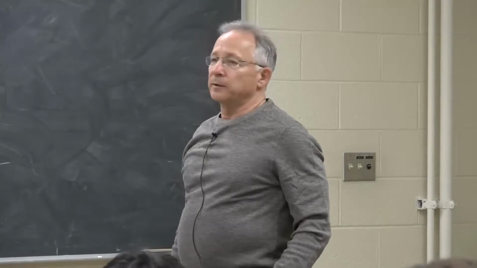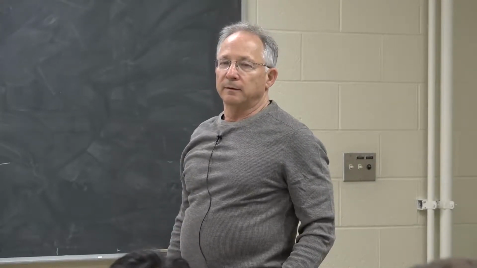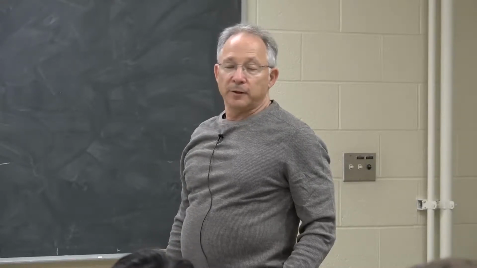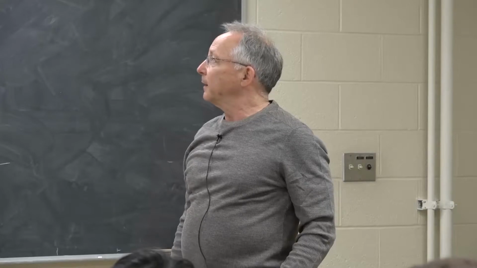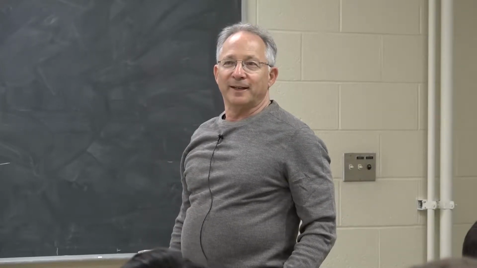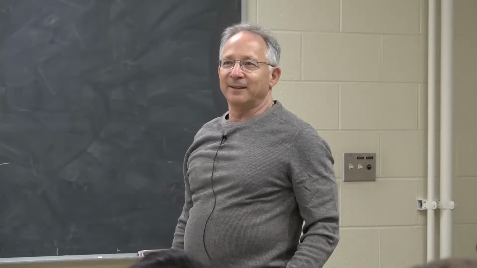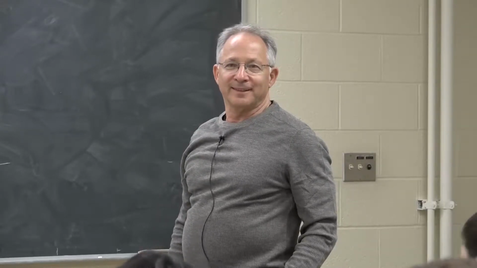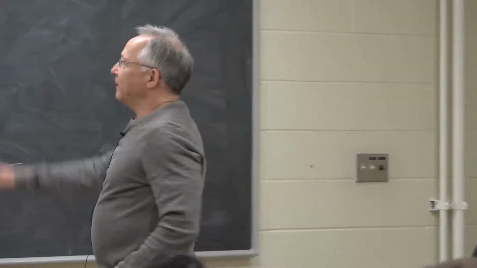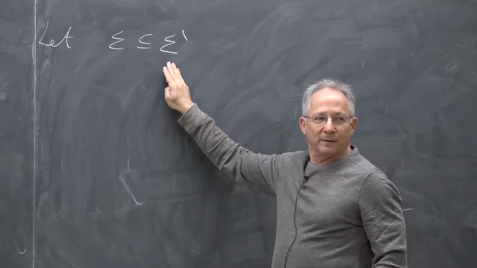Is it easier to be consistent when you are smaller or when you are larger? Easier to be consistent when you're smaller. That's the first thing that any investigator learns. You let your suspect talk. The more they talk, the more likely they are to contradict themselves. Right? So the bigger the set of statements you make, the more likely you are to become inconsistent.